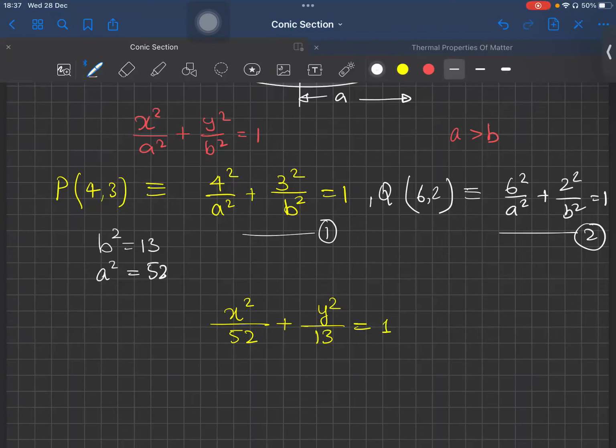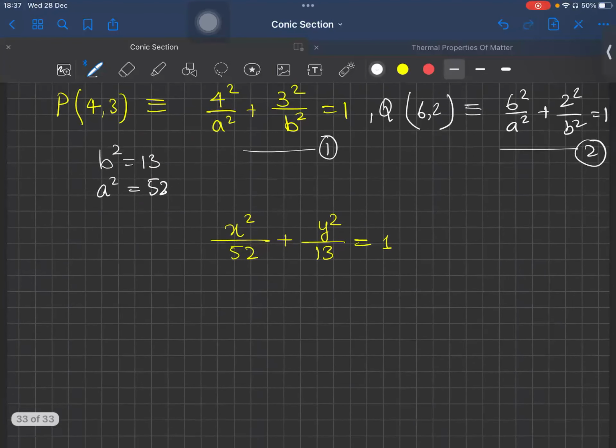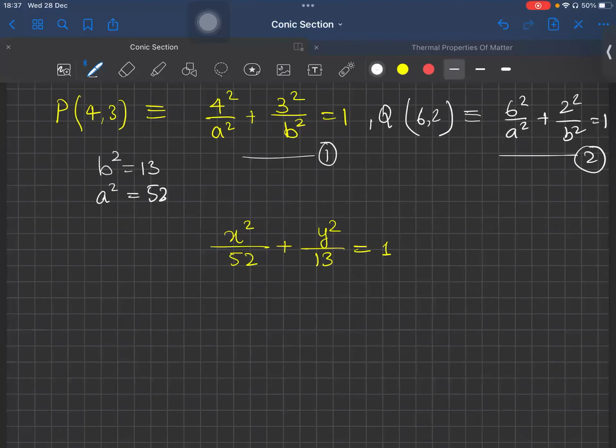See, if you don't know how to solve this one, take the reciprocal and just multiply. Okay. 16B square plus 9A square is equal to A square B square. So this is your equation 1.